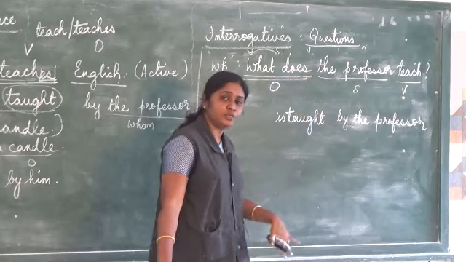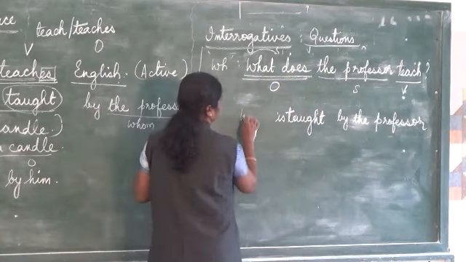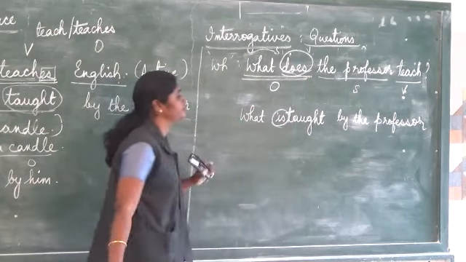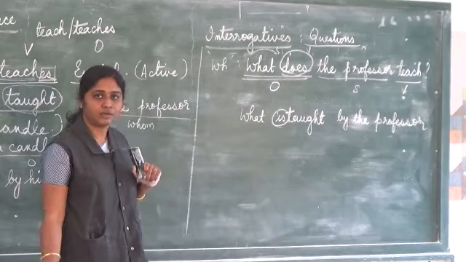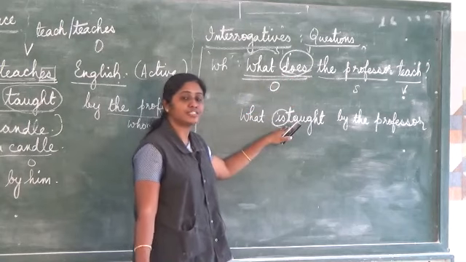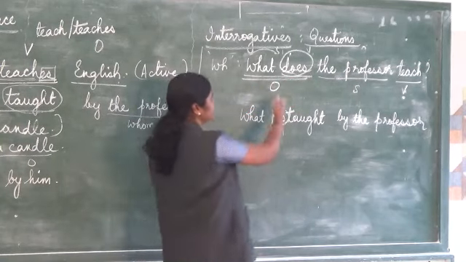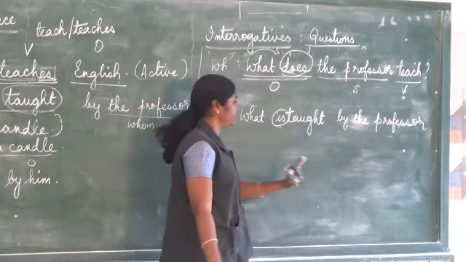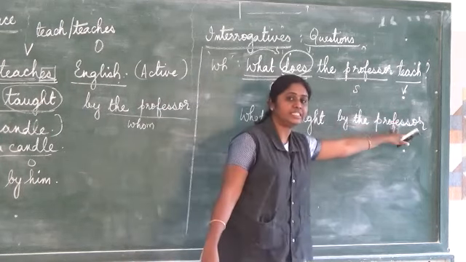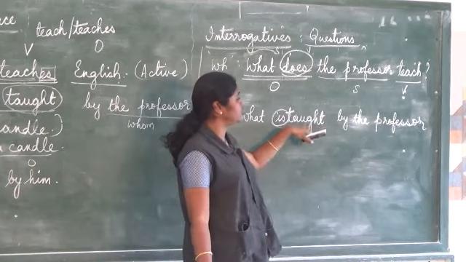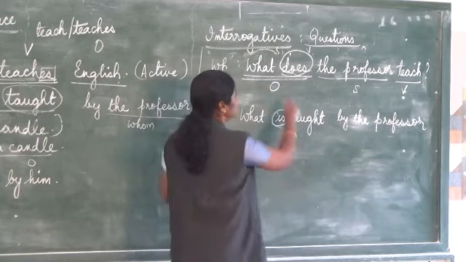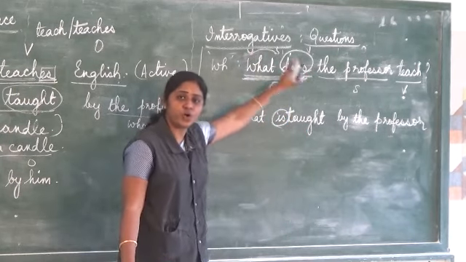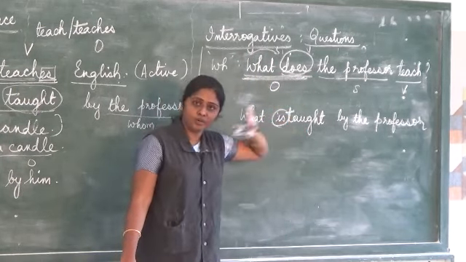Now, when you change this into passive voice, now for this does only we have already written is. Okay, for this auxiliary verb only in passive voice we have written it as is. So when this is changed into its passive voice, this is how you have to write it. What does the professor teach? It becomes what is taught by the professor, because this what does, it is the answer, whatever you get as an answer for this what does, it has to be in the object position.